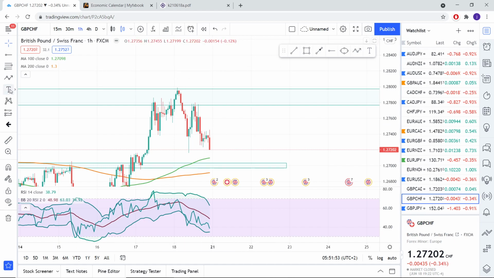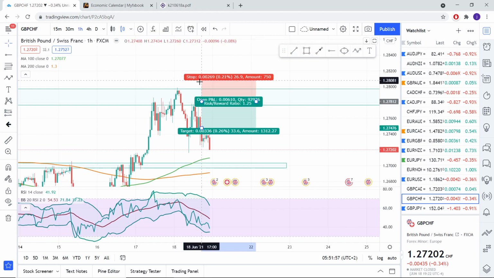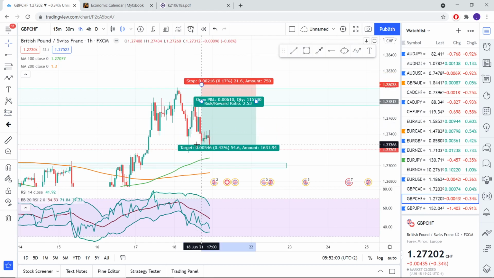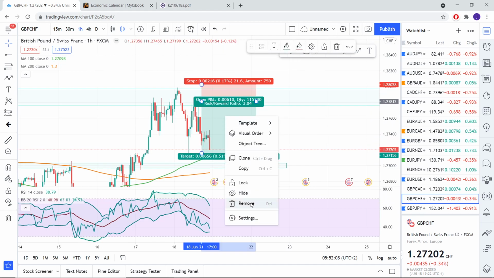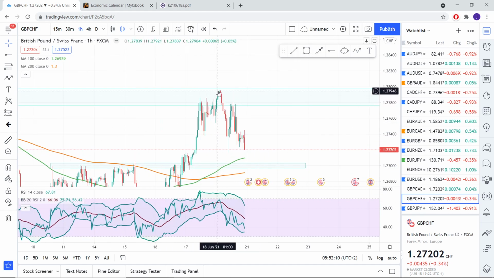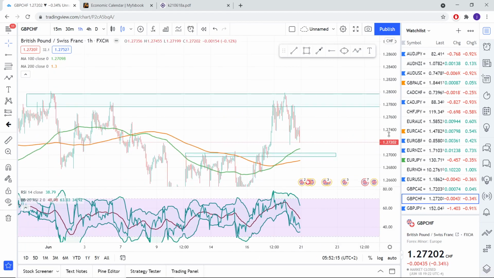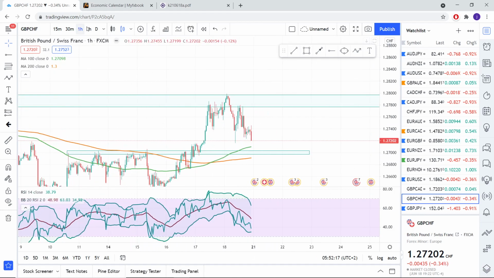So if I were to see this around the time of when it did happen, I would actually look for a sell setup. Something like this would have been a potential setup for me. Right? As you see, this would have been a possible trade that would have played out very nicely. But again, you win some, you lose some. You can't win them all, guys, and that's just how things work, right?